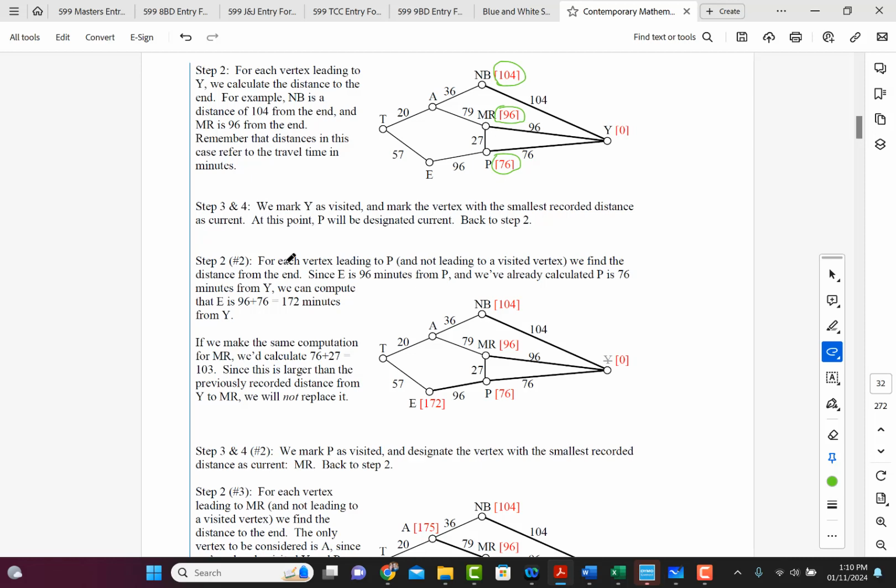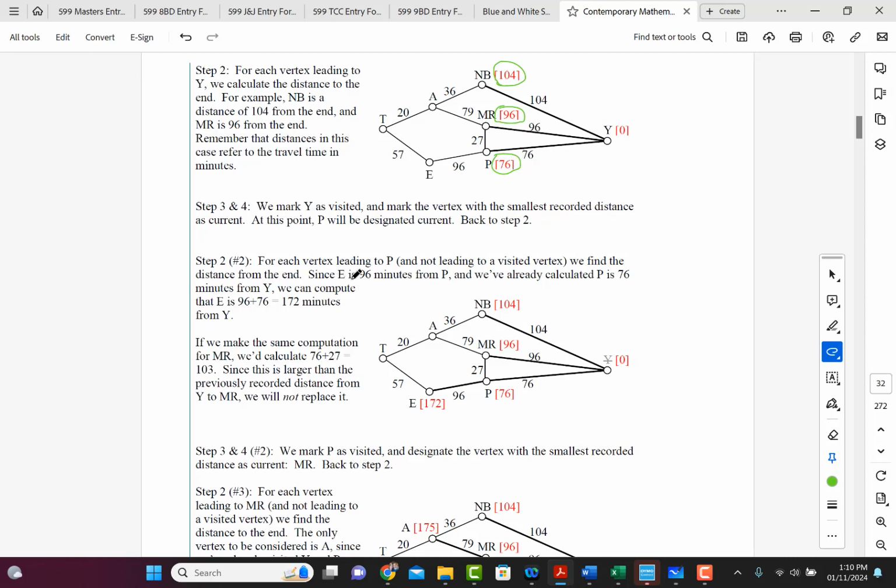Now what we do is we say for each vertex leading to P and not leading to a visited vertex. So we can't go back to Y, so we don't care about Y, but all of the other vertices. And we find the distance from the end.